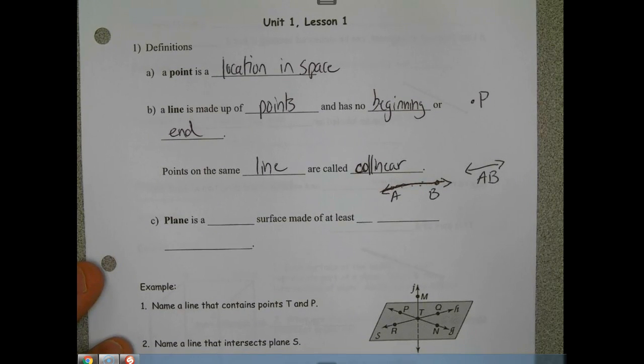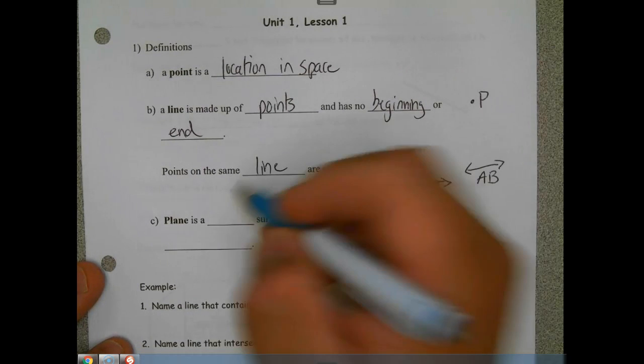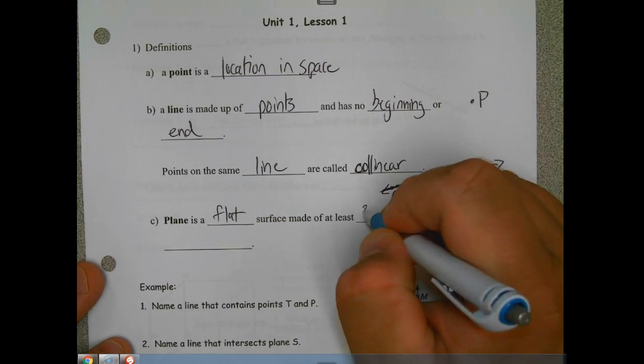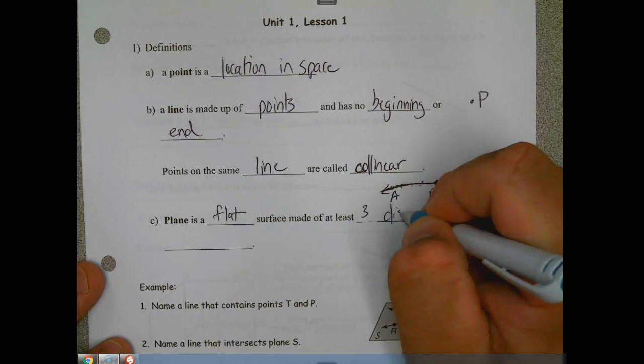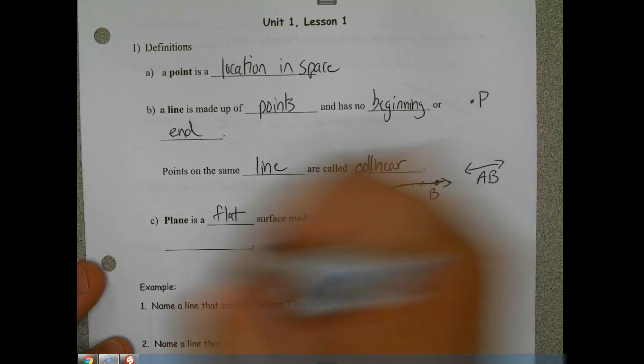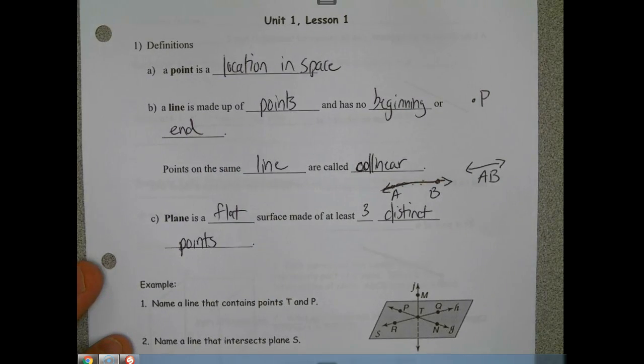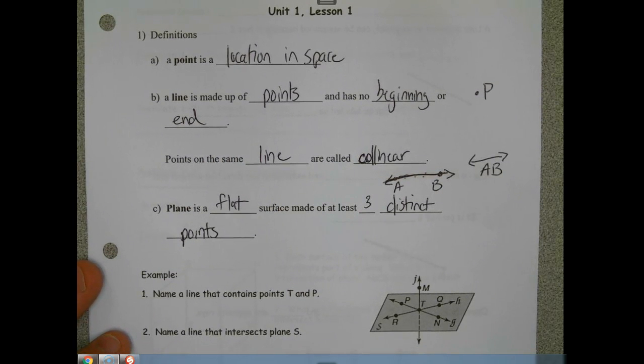So, a plane is a flat surface that is made of at least 3 distinct points. For our purposes, we're going to go with 4. And the way you name a plane is you just name the 4 points.